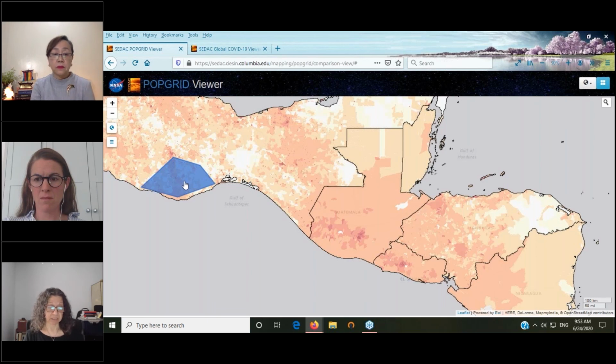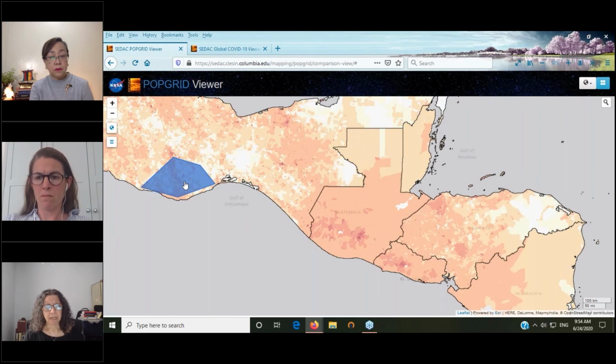So before I start to answer the question, let me just mention that the largest differences between the different data sets that are included, for example, in PopGrid, are related to what the input data are, what the adjustment factors are that you use to make things comparable, and what the modeling approach is.